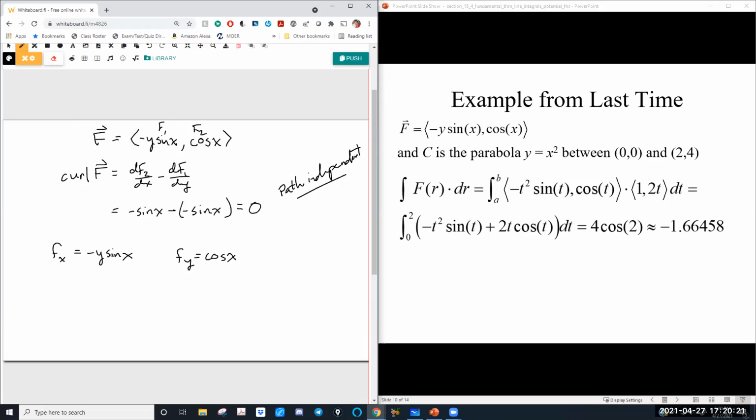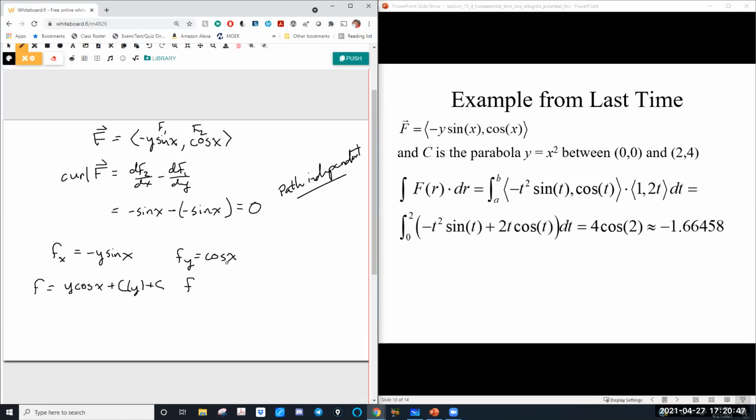The antiderivative of negative sine x is cosine x. So a possible potential function here is y cosine x plus a possible constant in terms of y, because that would be 0, taking the partial with respect to x, plus a possible constant.